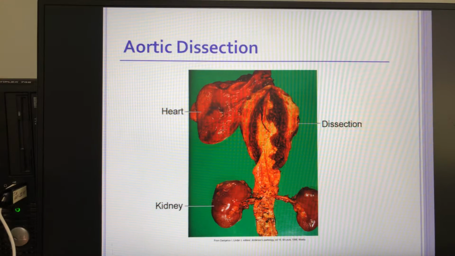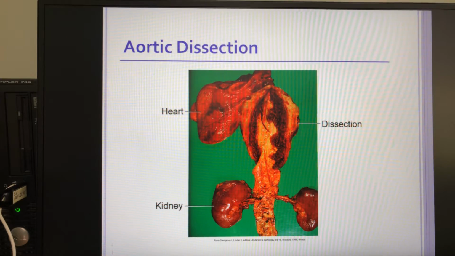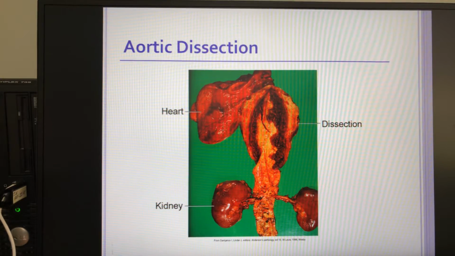So you can see how easily the kidneys get affected and how close these structures are in the body, and why it's vitally important to monitor renal function. But that is the picture of a dissected thoracic aortic aneurysm.